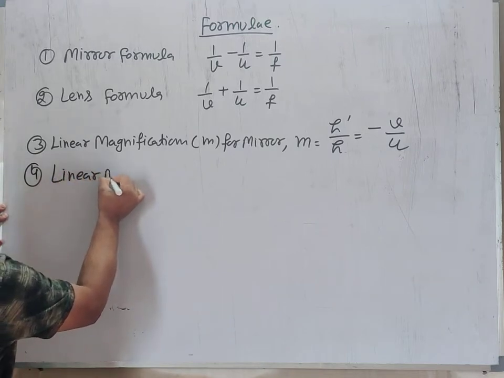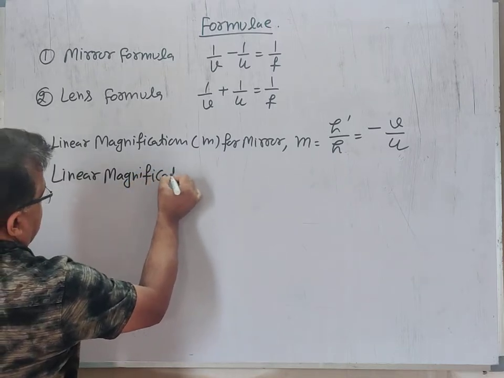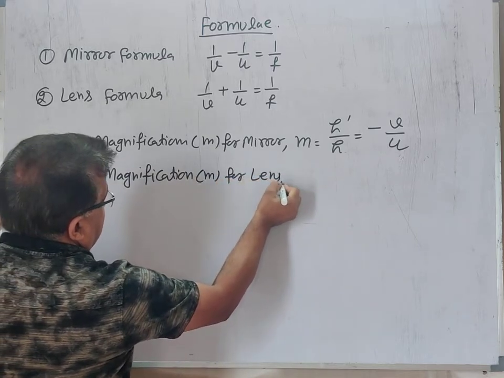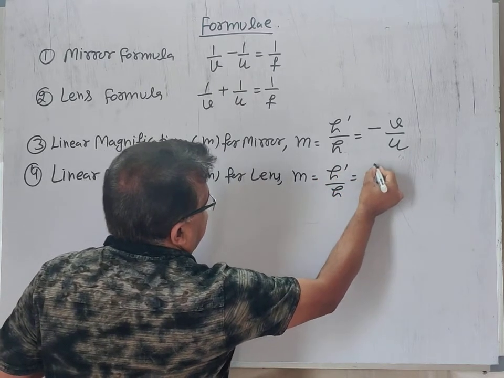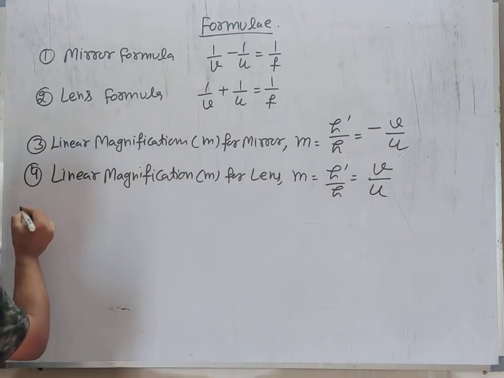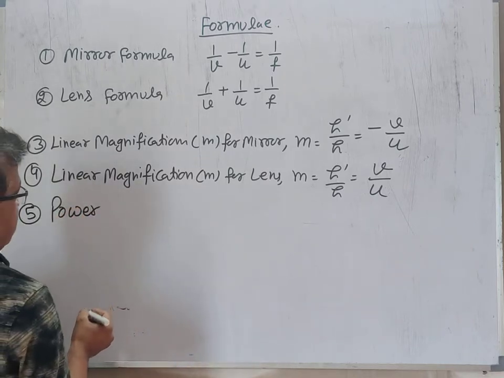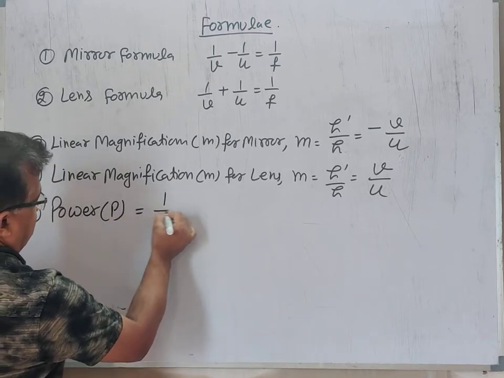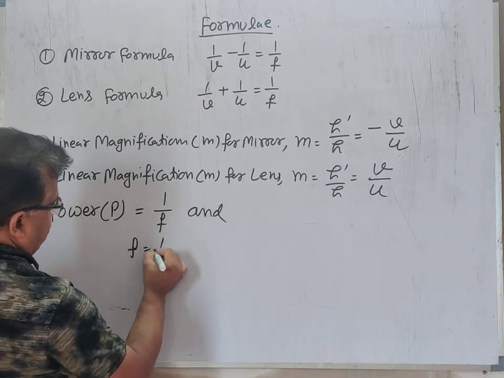Linear magnification, that is m for lens, which is m is equal to h dash by h is equal to v by u. There is no minus sign. And fifth is power, which is represented by P, is equal to 1 by f, and f is equal to 1 by P.